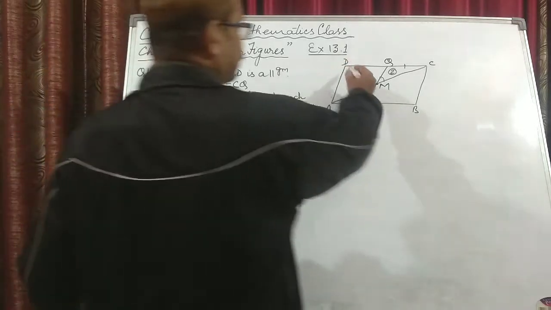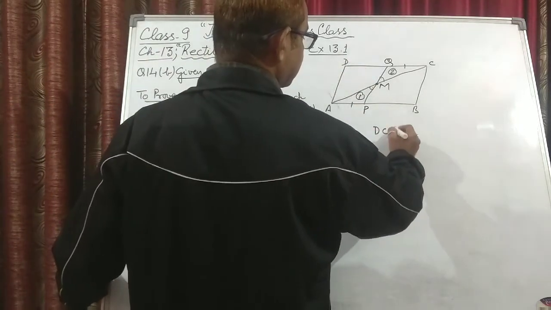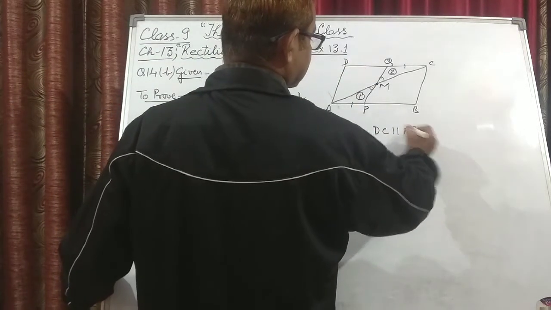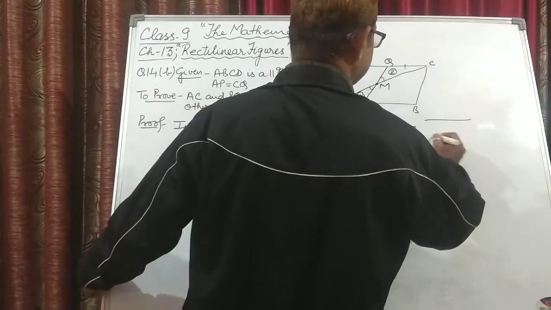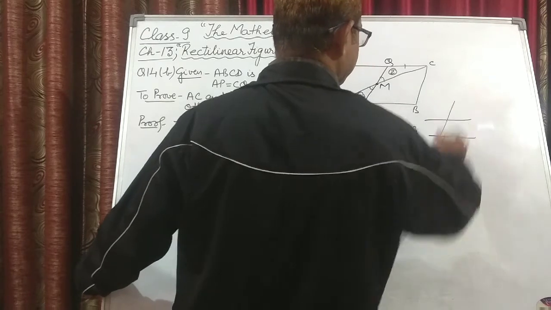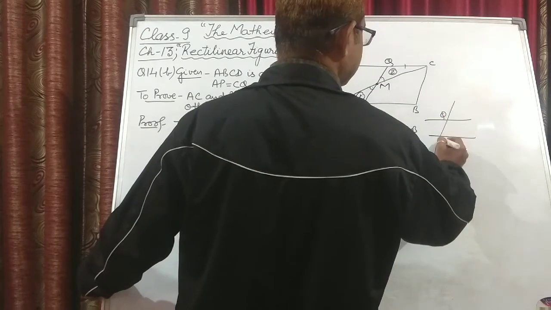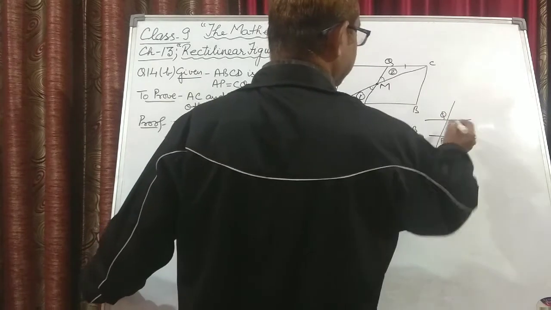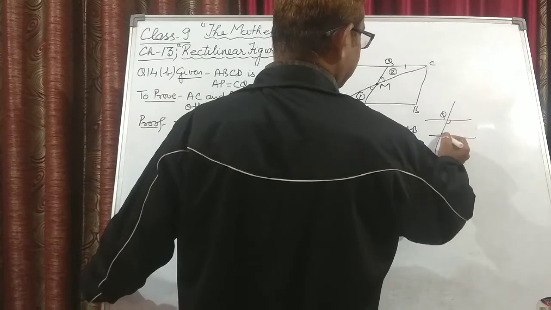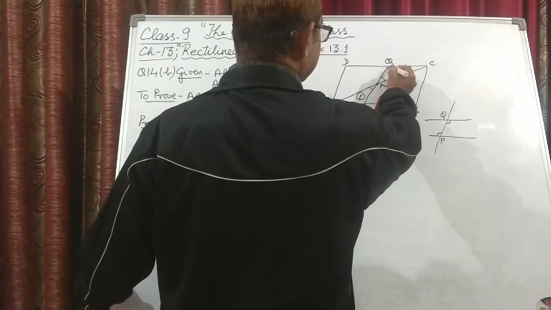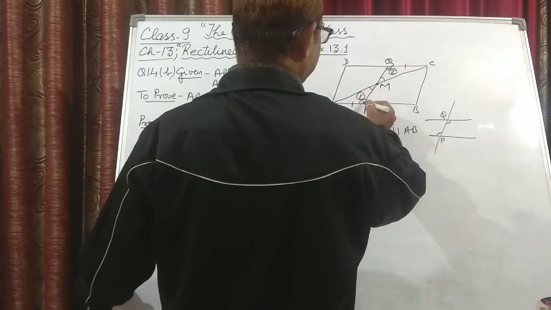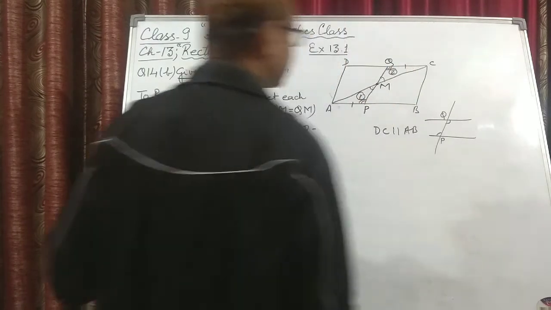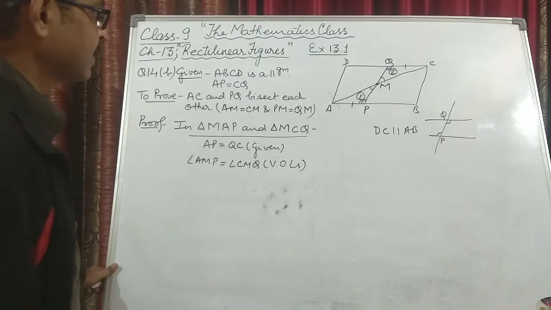Third point, we know that DC is parallel to AB since ABCD is a parallelogram, and this is DC, this is AB, and a transversal QP is intersecting them. It means this angle and this angle will be considered as alternate interior angles and they will be equal.